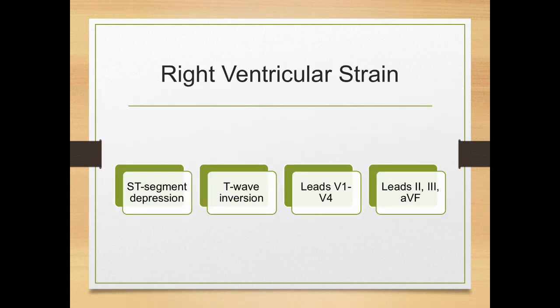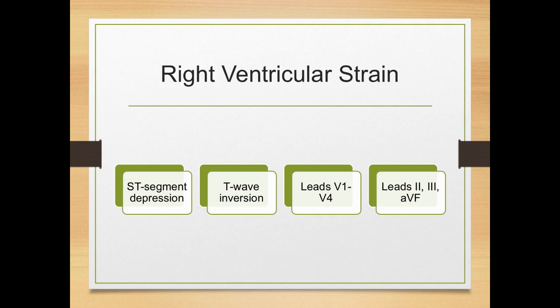Another telltale sign of right ventricular hypertrophy is the right ventricular strain pattern. You might see this, but it's not all the time. But if you do see it, it's kind of a telltale sign. So for ventricular strain, we're looking in our early precordial leads, V1 through V4. We're also looking in our inferior limb leads, 2, 3, and AVF, because 2, 3, and AVF have a good view of the right ventricle.